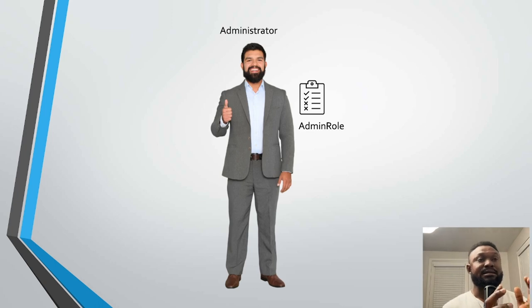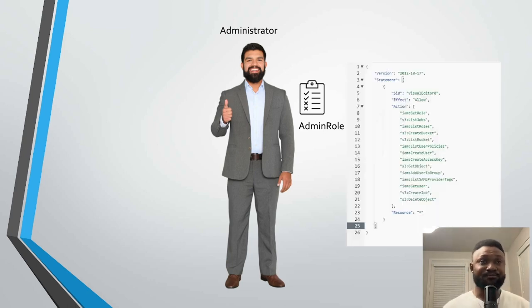Now, the policy that we create would define what this person can do on AWS. So, for example, I created this policy, and when you look at it, it says that this administrator, let me call this guy James.